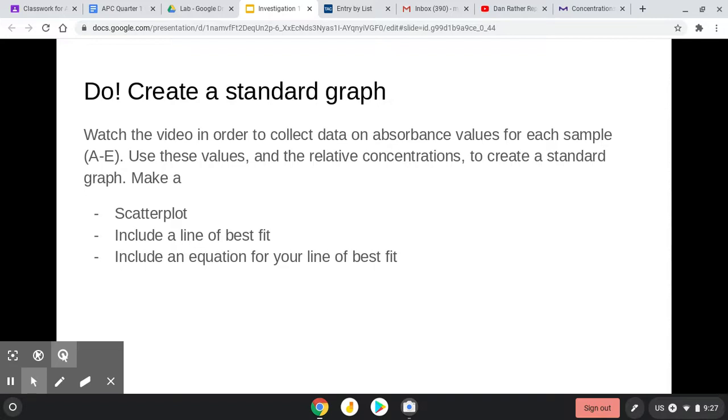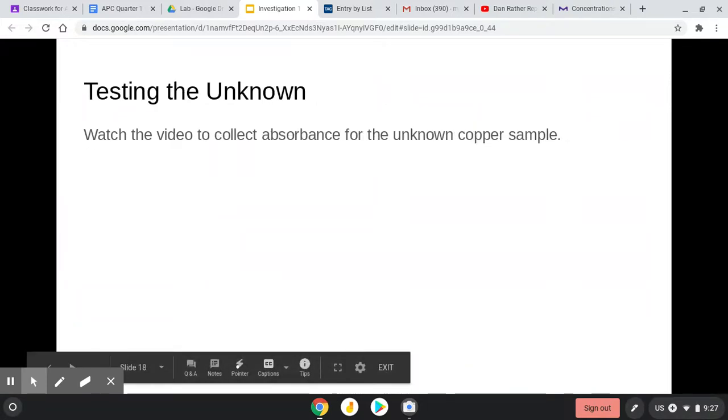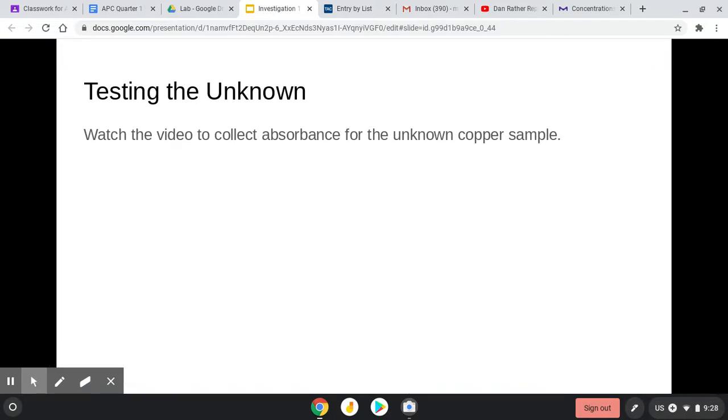You want to include a line of best fit, and you also want to include an equation for your line of best fit. After we create that graph, we are going to test our unknown. So we'll put our dissolved brass sample into the spectrophotometer, take an absorbance reading, and then we will use that absorbance reading to figure out what the concentration is. And that will be the whole lab.